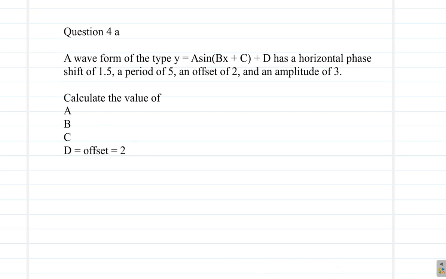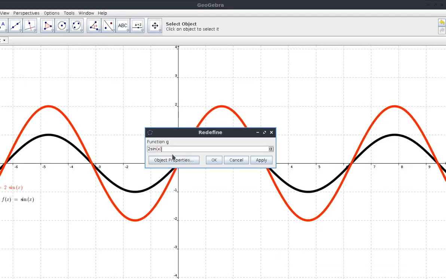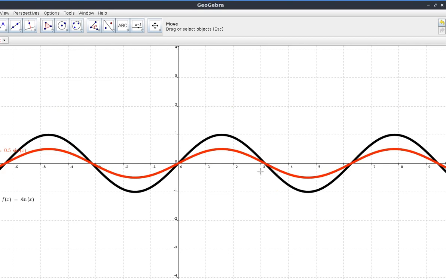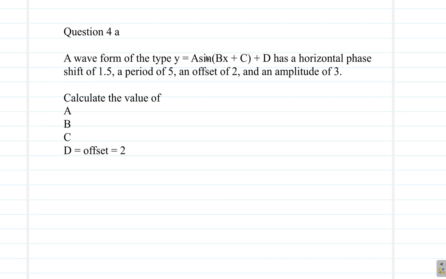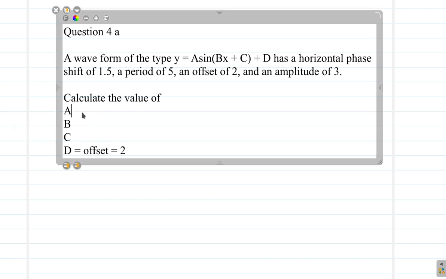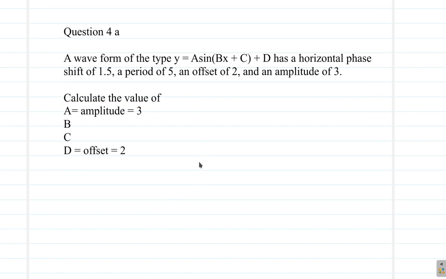For argument's sake, I put 0.5 sine x. It's half the amplitude, it goes to 0.5. So in a sine x, a is equal to the amplitude. In this case, it says amplitude of 3. So this part shows the amplitude, the a.